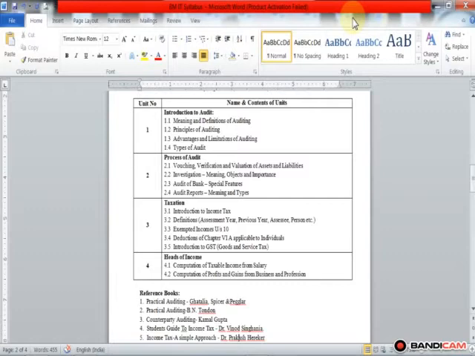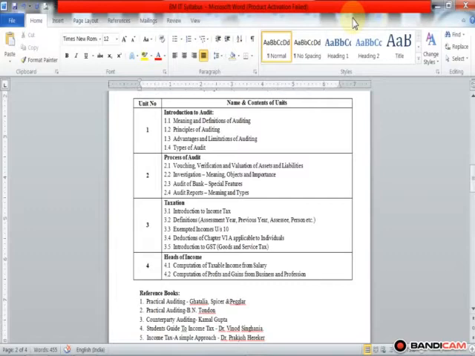We study the meaning of investigation, objects of investigation and importance of investigation. 2.3 Audit of bank, we study the audit of bank and special features of bank audit. 2.4 Audit reports, meaning and types.